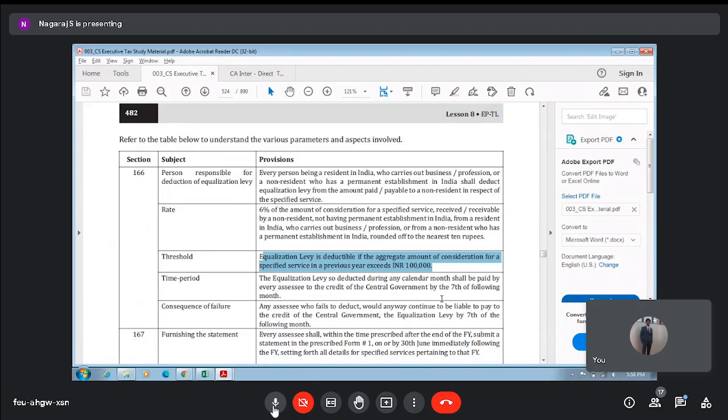If you advertise that one, for that he charges some fees. If that fees exceeds 1 lakh, while paying that amount, you will have to deduct 6% of whatever amount you are going to pay to him, deduct as equalization levy. It is nothing but advertising in their portal.